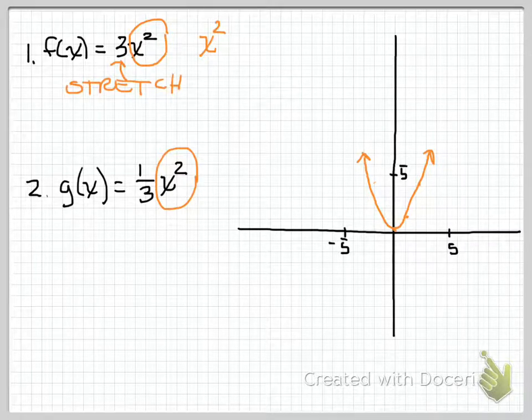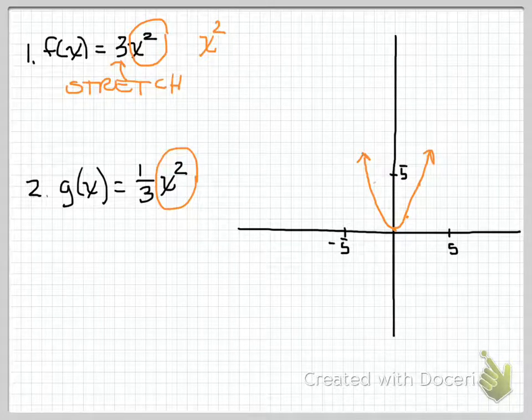And what I mean by stretching is you can imagine that there's a couple of endpoints here at the top, and if you pull them upwards, as you might with a rubber band, when you stretch a rubber band it gets thinner. So the effect of stretching is going to leave this having the same shape, but it's going to have a thinner curve. So let's plot some points and see how that works.